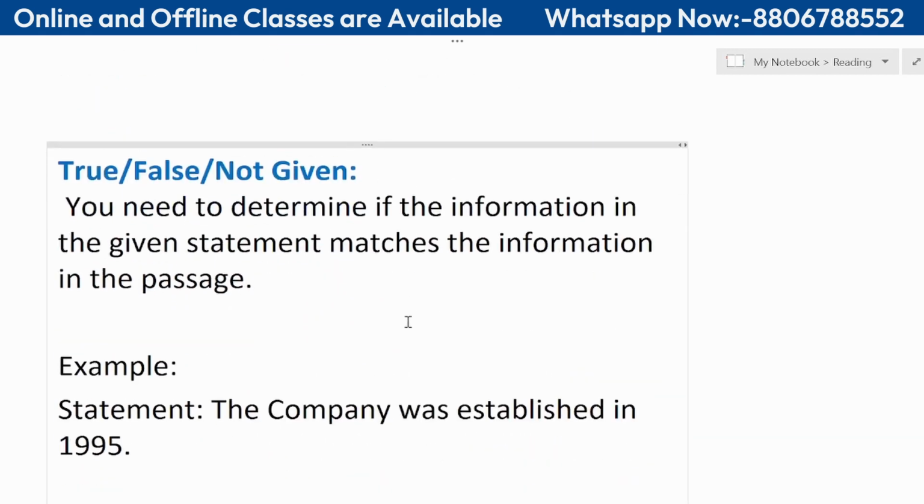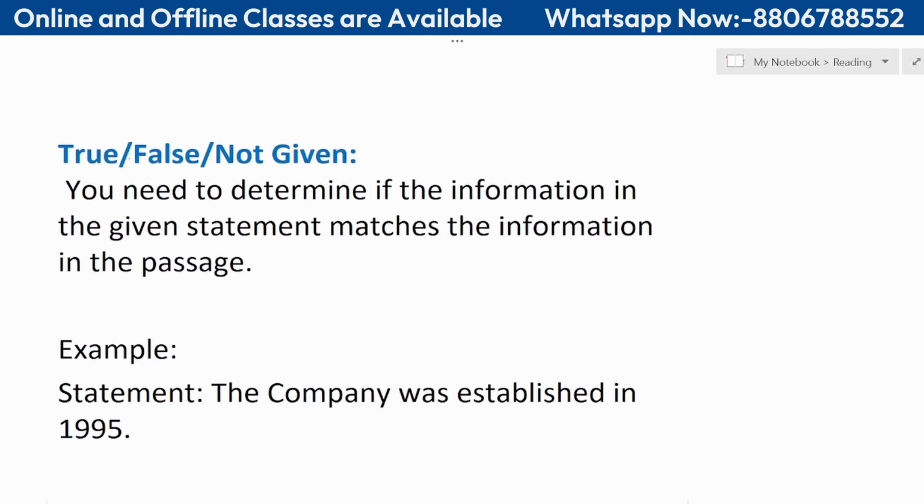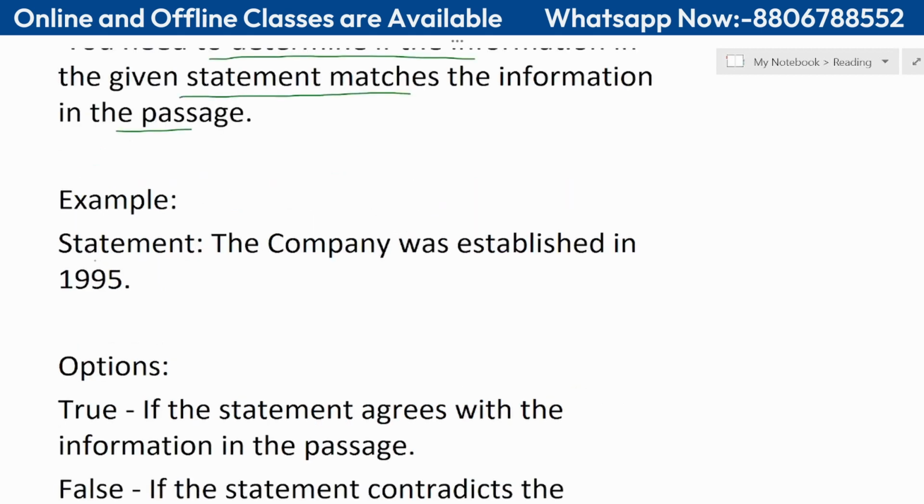The next type of question which can appear is the true, false, not given. This is one of the frequently asked questions in the IELTS reading section. Here you need to determine if the information in the given statement matches the information in the passage. For example, let's look at a statement.